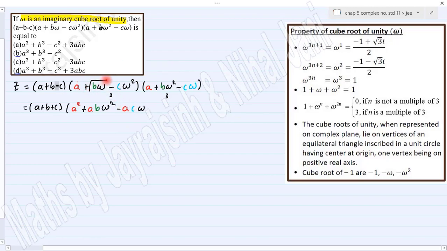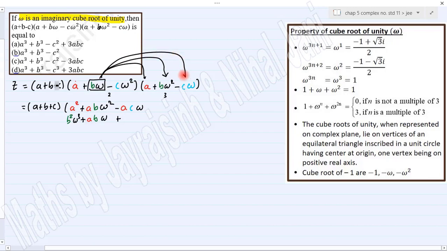Now it's time to multiply bω. bω into a will give us plus abω. Then bω into bω², b²ω³, and bω into -cω, -bcω².